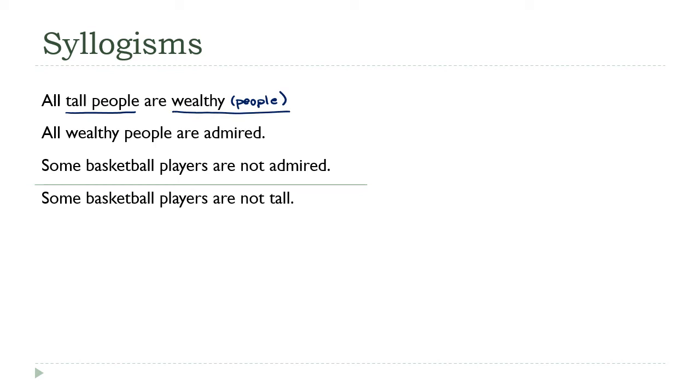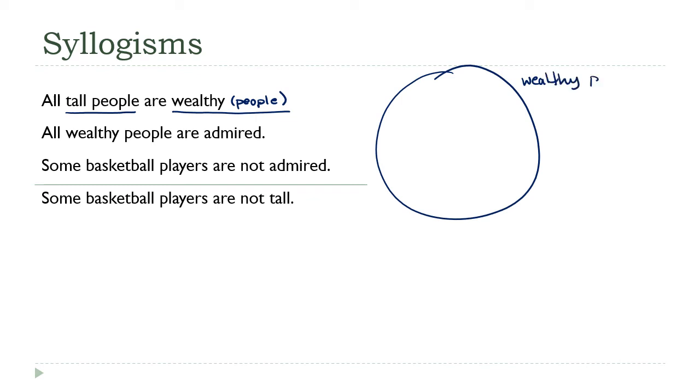I know that all tall people are wealthy, so I'm going to draw the wealthy circle, wealthy people, and tall people, all of them, fall into that category. Remember, that's how we do an all.